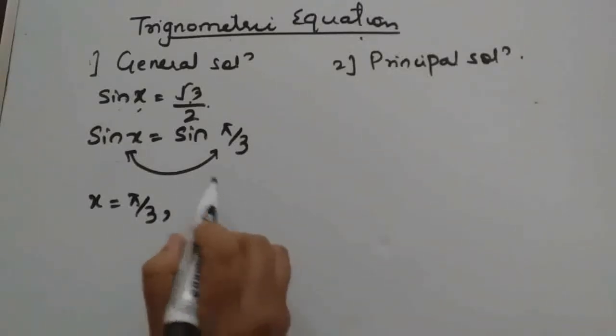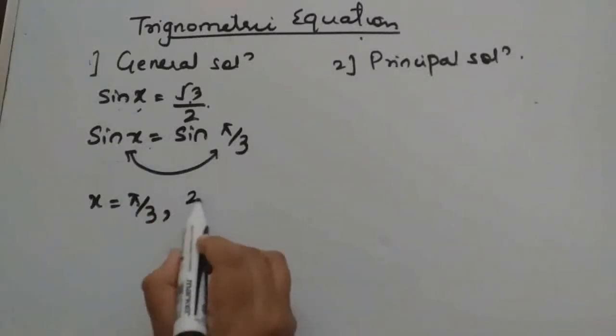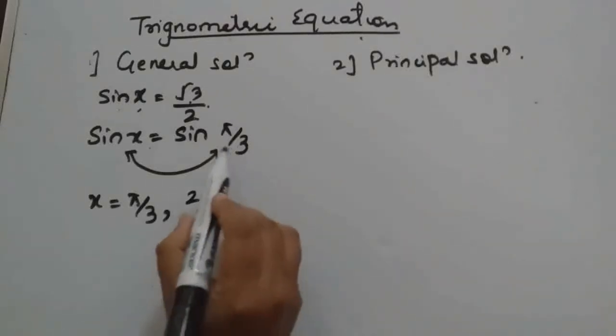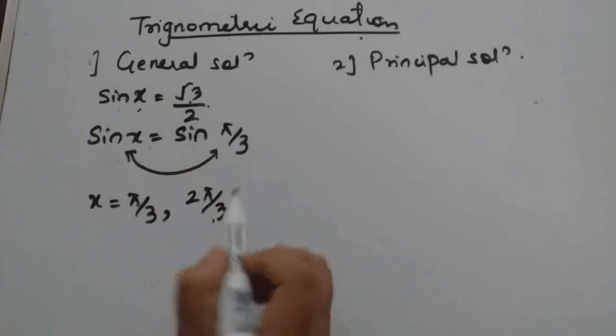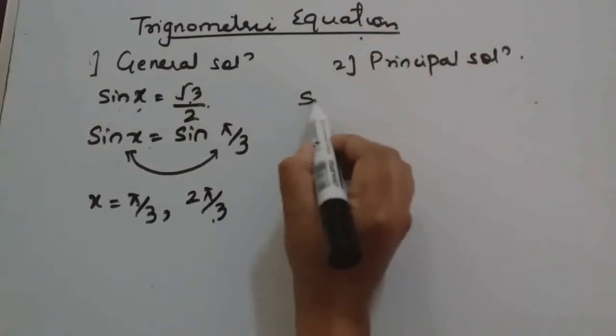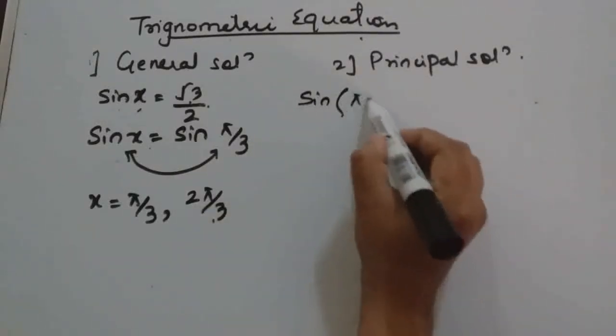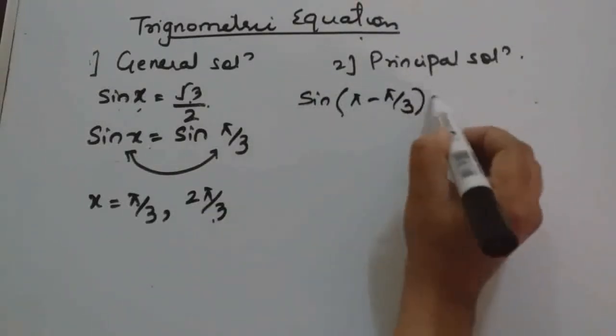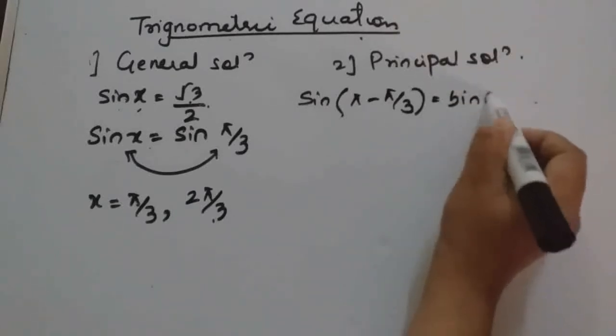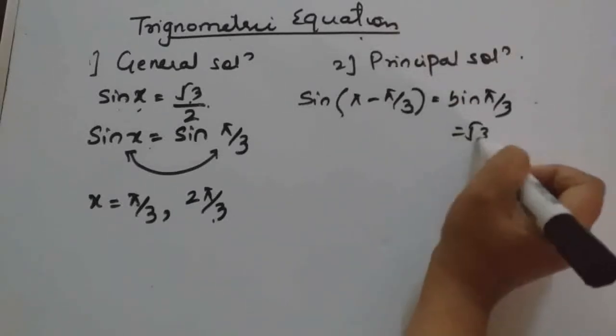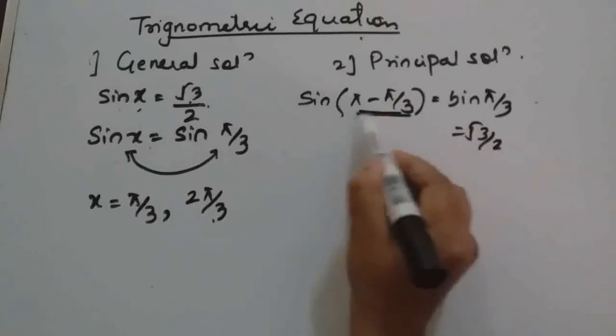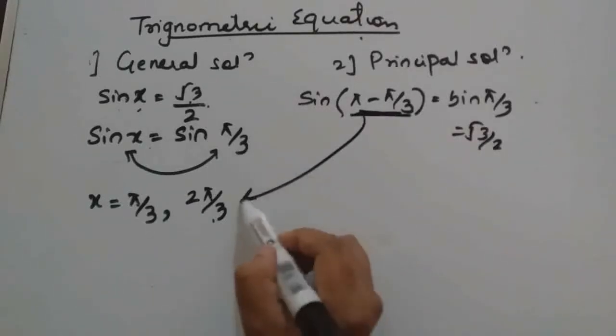But some will say no, for x equal to 2 pi by 3 also sin is root 3 by 2, isn't it? Because sin 2 pi by 3 means sin of pi minus pi by 3, which is sin pi by 3, which is root 3 by 2, and pi minus pi by 3 is 2 pi by 3.